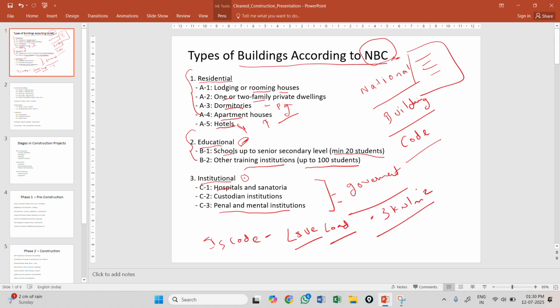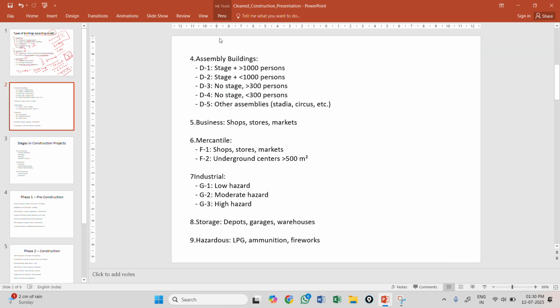But for a bigger building, it turns out to be 4 kN, sometimes even 5 kN or more than that. You have seen that because it is an educational building or institutional building, that changes. So you need to remember that.